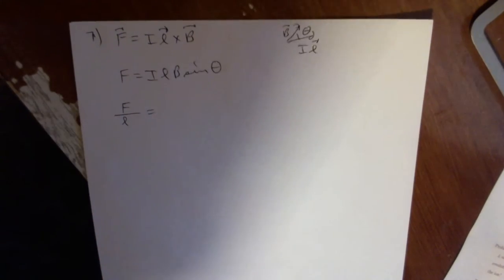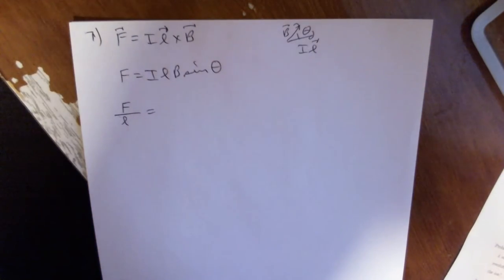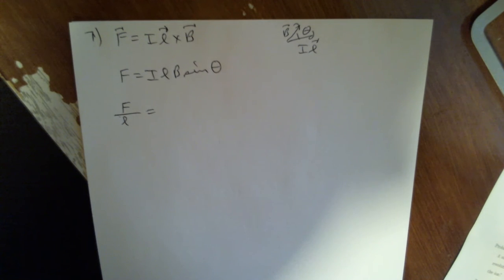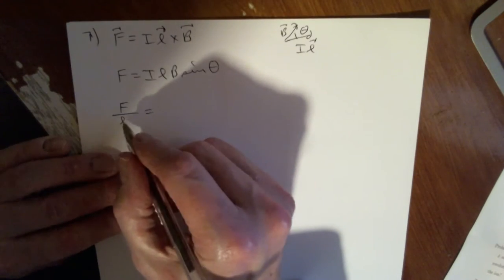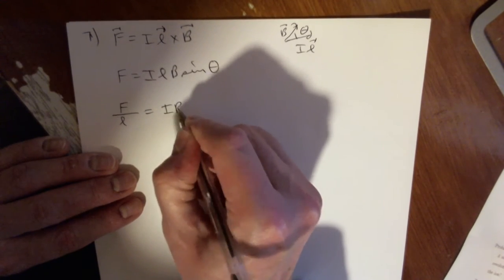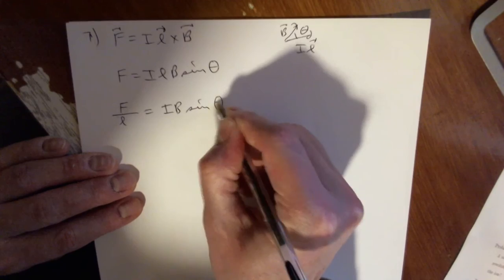Better than that, I'm trying to calculate the force per unit length, and automatically, the force per unit length in MKS or SI units will be the force per meter. So dividing by L on both sides gives me IB sine theta.